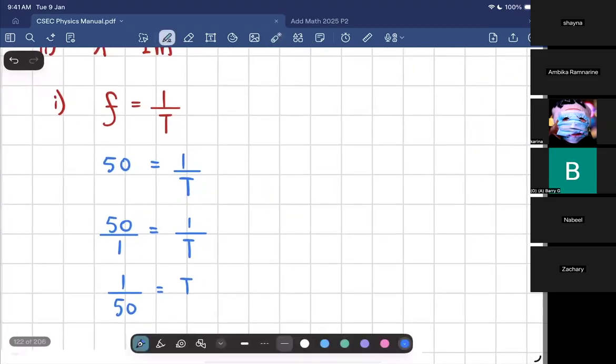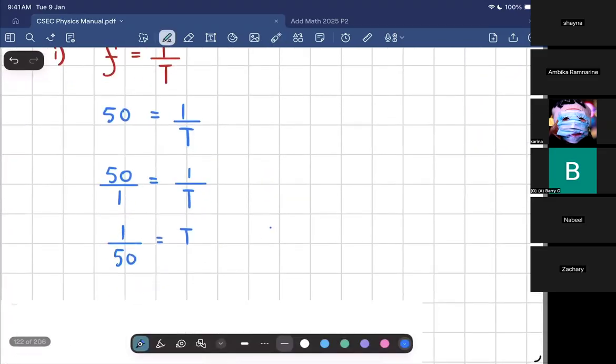So could you tell me what 1 over 50 is, to 2 decimal places? What is 1 over 50? 0.02.